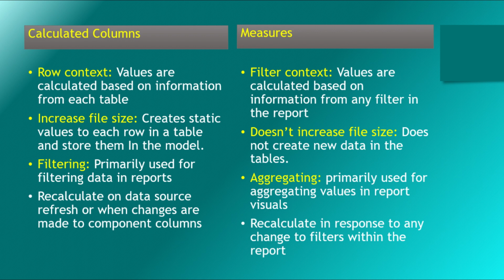Calculated columns are primarily used for filtering the data, whereas measures are primarily used for aggregating the values. Calculated columns are recalculated based on the data source refresh or when changes are made to the referenced columns, and measures are recalculated in response to any change to the filters within the report. So these are the quick differences between calculated columns and measures.